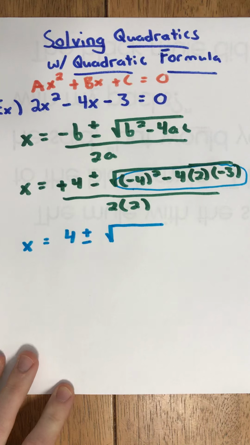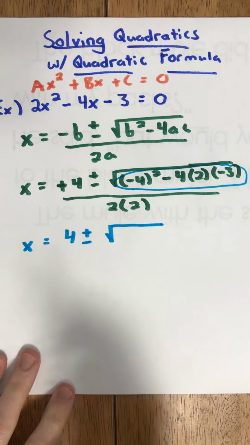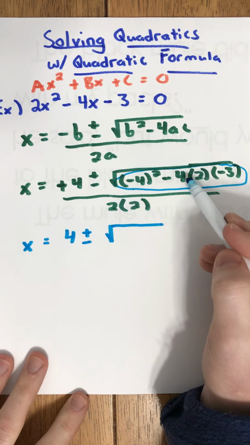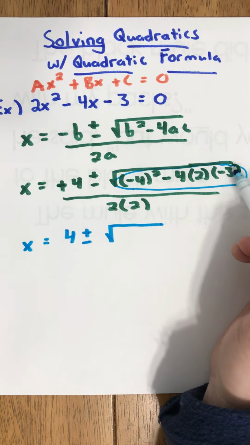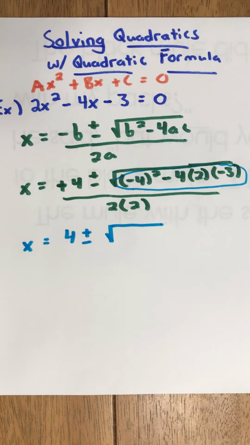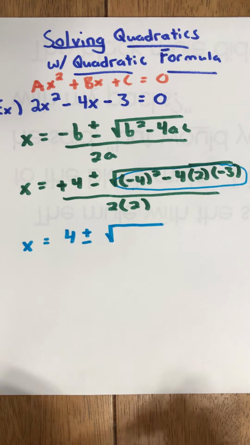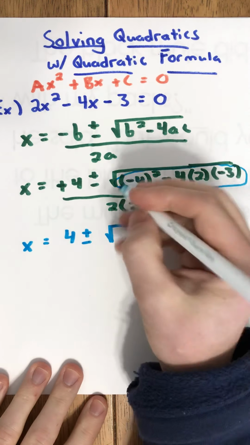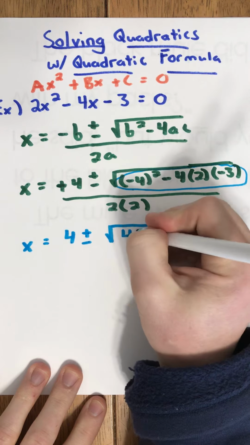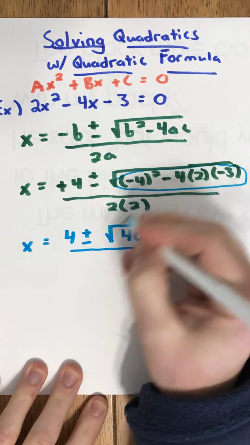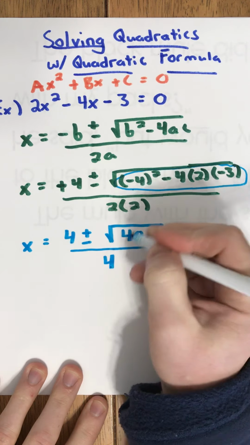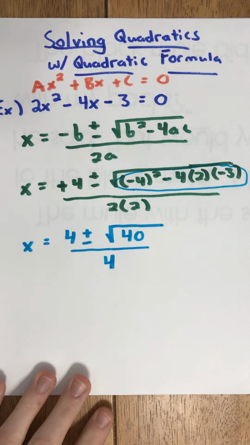Negative 4 squared is going to be 16. And then negative 4 times 2 is negative 8 times a negative 3 is positive 24. So we're going to have 16 plus 24, which is going to lead me at 40. And we're going to divide this here by 4.